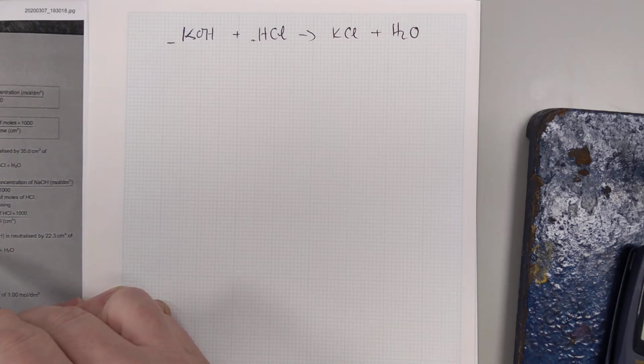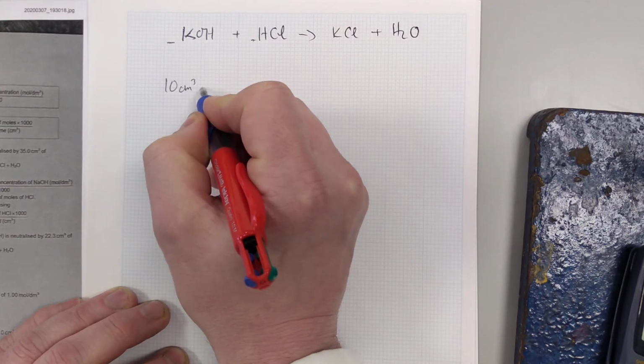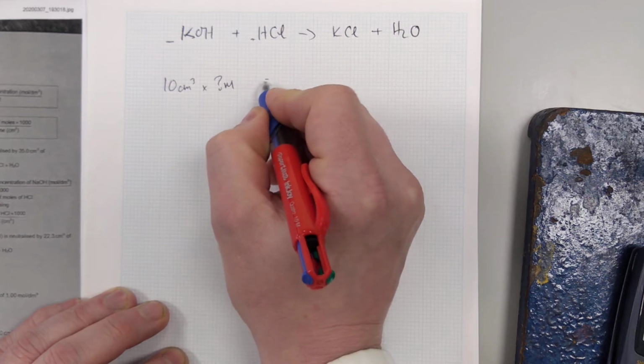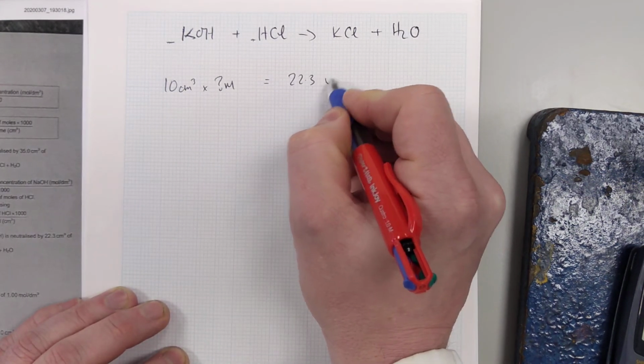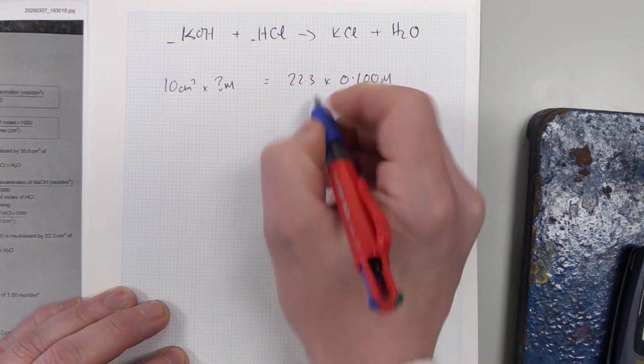So we've got 10 cubic centimeters of an unknown molarity potassium hydroxide is equivalent to 22.3 times 0.100 moles of the HCl.